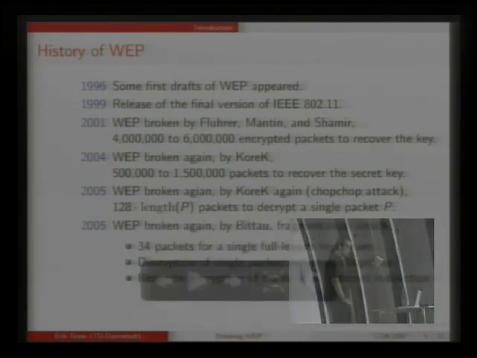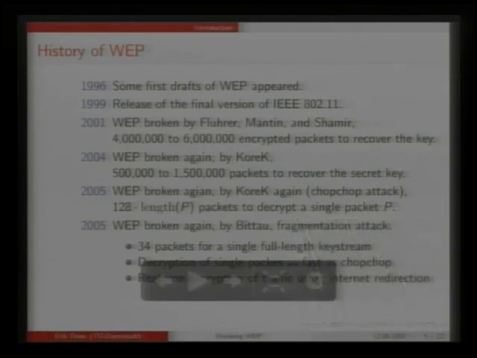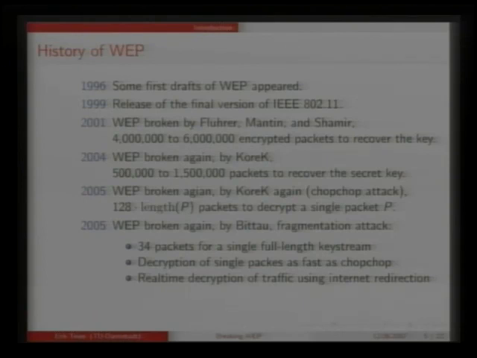And in 2005, WEP was then broken again, by Bittau and some other people who showed another attack which allows real-time decryption of web traffic. That means you need less than a second to decrypt a single packet by just redirecting the packet to the internet.